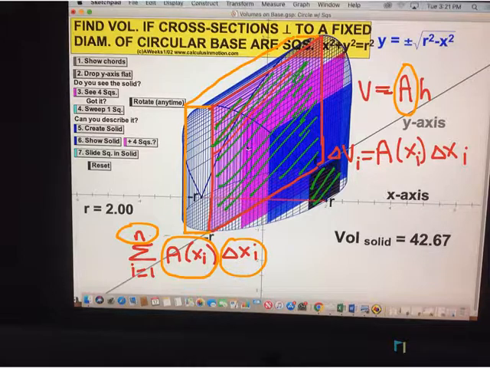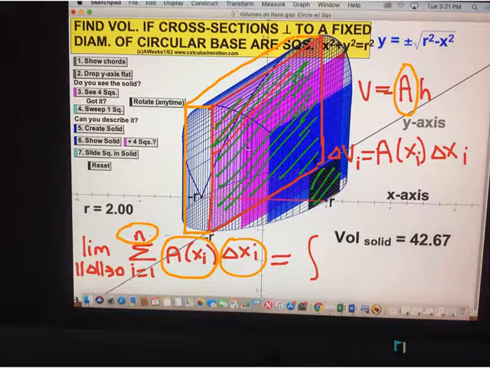So if we take this idea to the extreme, we can take the limit of this Riemann sum as the norm of the partition approaches 0, which implies that the number of subintervals will be approaching infinity. And by the definition of a definite integral, what is a definite integral? It's precisely the limit of a Riemann sum as the norm of the partition approaches 0.